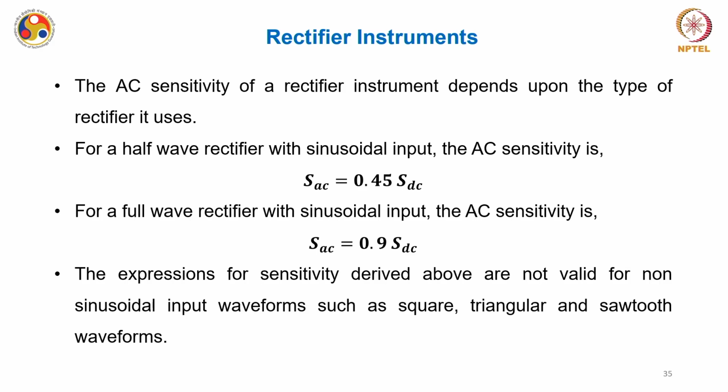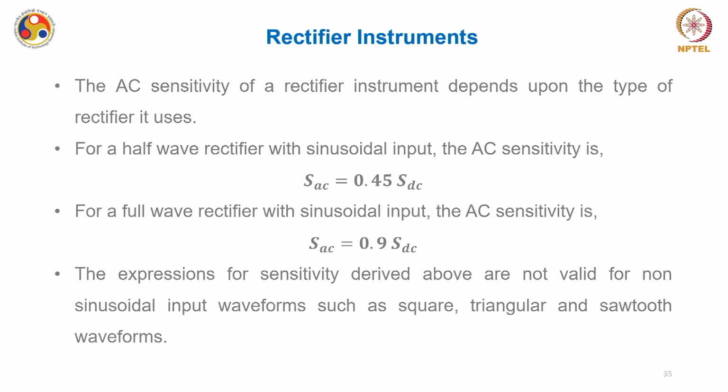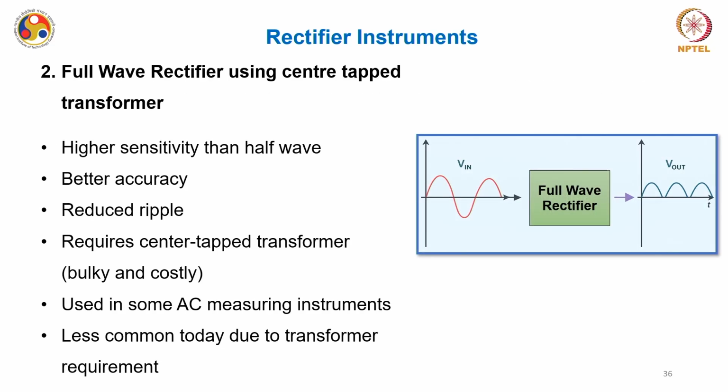The expressions for this sensitivity are not valid for non-sinusoidal input waveforms, for example square, triangular or sawtooth, but then you have to take the DC values into consideration, integrate, find the DC component, and then calculate the sensitivity of that particular kind of instrument.